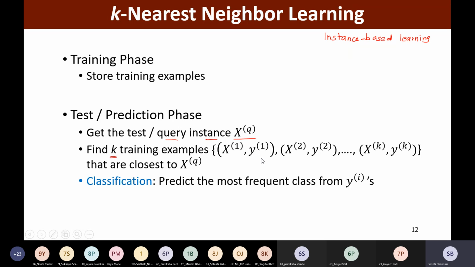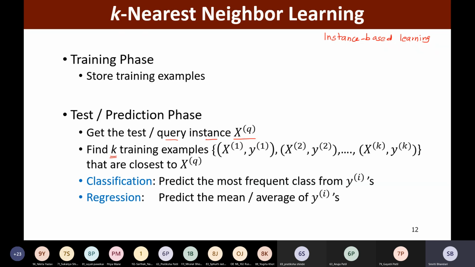Based on these yi values, if the problem is classification, we predict the most frequent class from these yi's. And if the problem is a regression problem, then we predict the mean or average of the identified yi's. So this is the simple KNN algorithm.